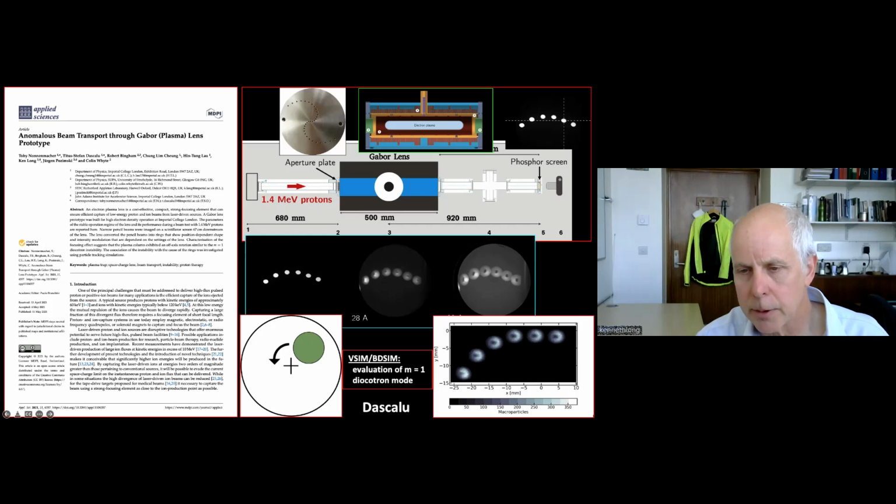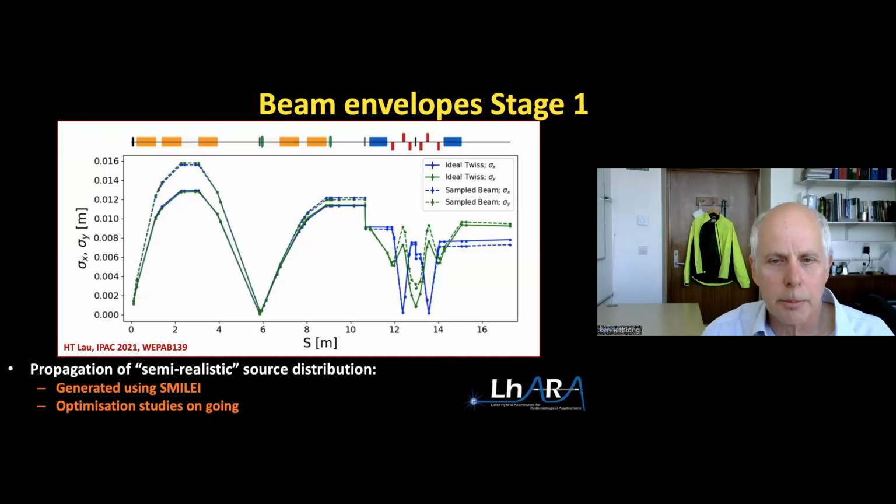And this simulation that was done by another graduate student at Imperial, Titus Dascalu, is able to reproduce the features of the data very well. So we've now embarked on understanding the plasma before we design a second prototype.